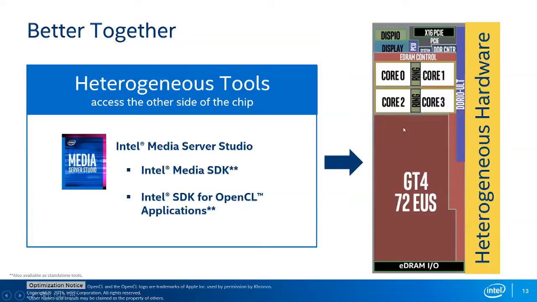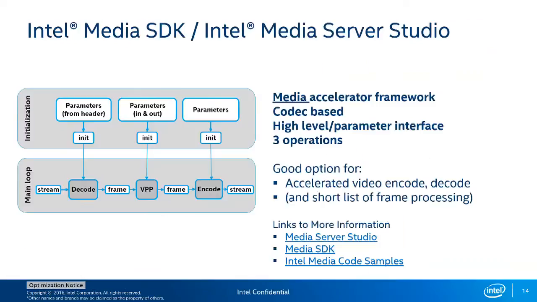A lot of the total capabilities are there in the GPU, and so accessing the other side of the processor is very important to really make full use of the hardware. So the main focus of this presentation is Media SDK to get you access to those codec capabilities.